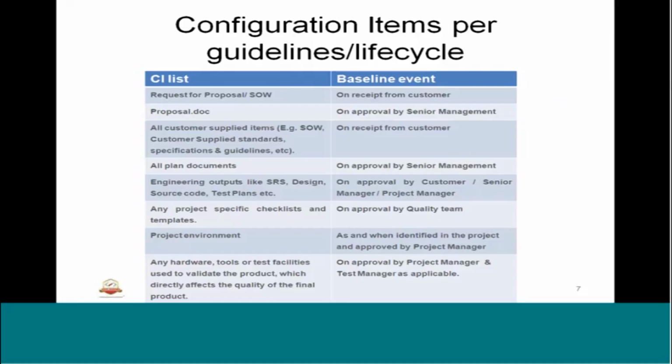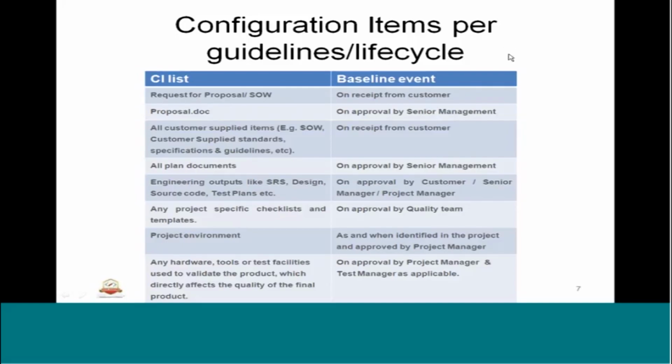That will be captured in the configuration identification list. You can see two columns. One is the CI list, the various documents and artifacts. On the right-hand side, you can see a baseline event, upon which these items are called baselines.